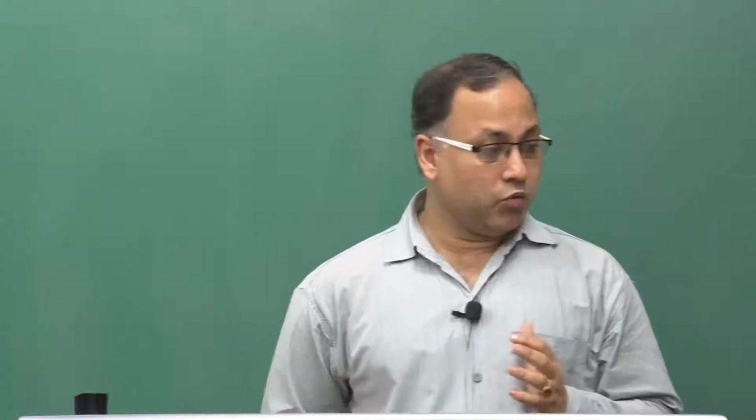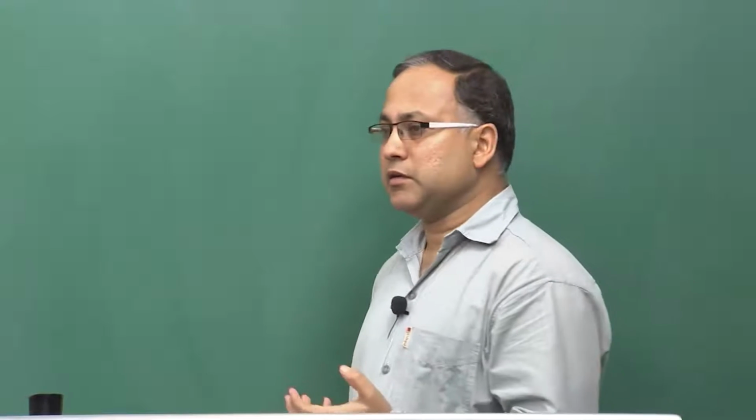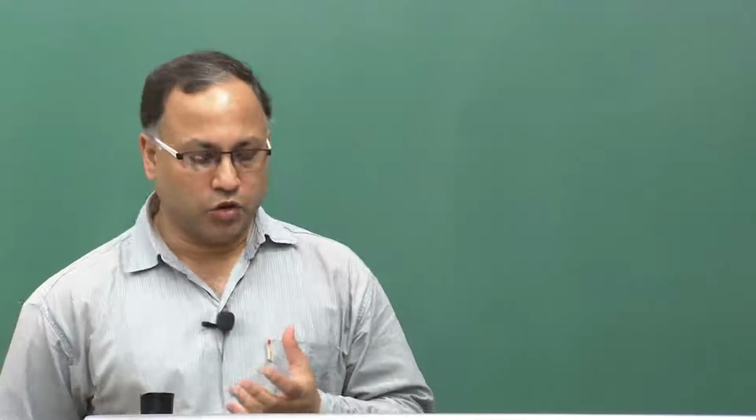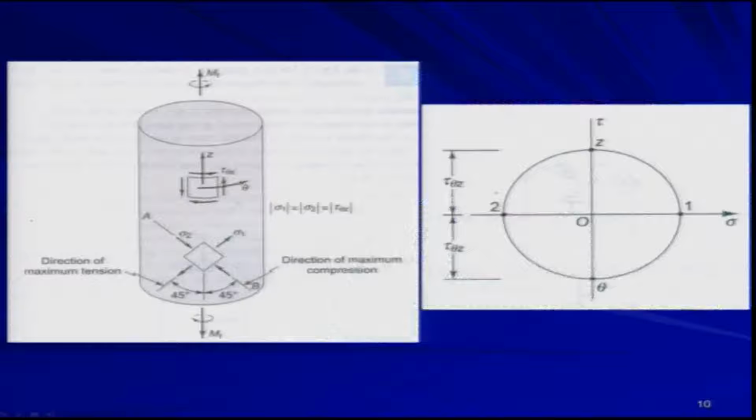Today we will be looking at the stress analysis in case of torsion. If you look at this figure, this circular cylinder member is under a constant twisting moment Mt. If you consider any square element on the z theta plane, you will have only pure shear.